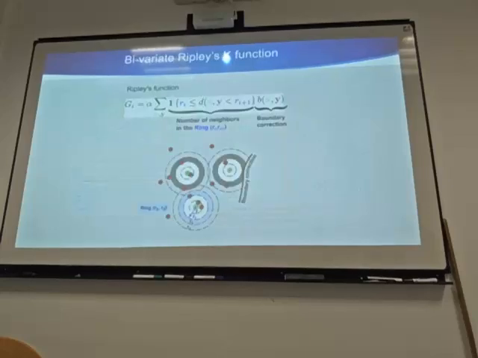So as I mentioned, we built a method based again on the Ripley function, which is nice because you can characterize statistically the distribution of the function for complete spatial randomness.